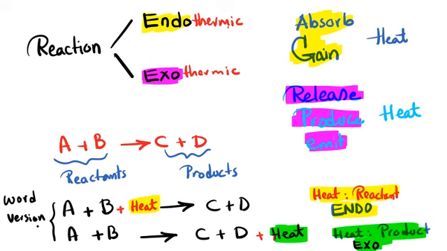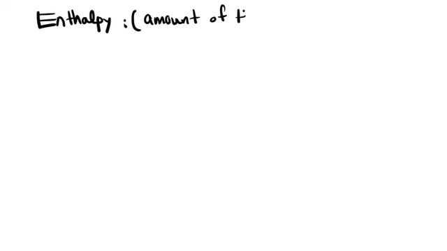But when we are going to work on numbers, how much heat is gained, how much is produced, we need to work on one parameter. This parameter or function, we call enthalpy. So with enthalpy, we are going to quantify the amount of heat, no matter if it is emitted or absorbed.